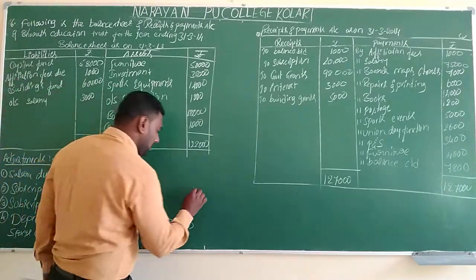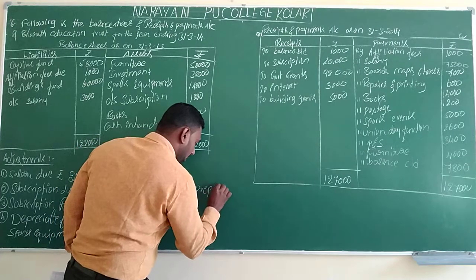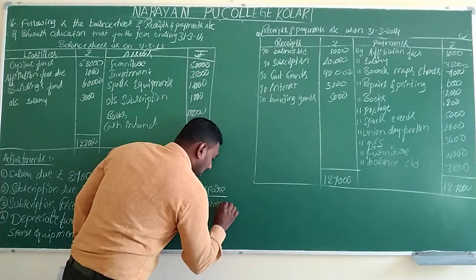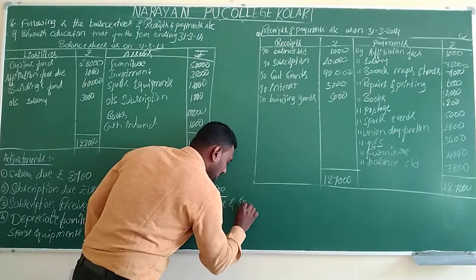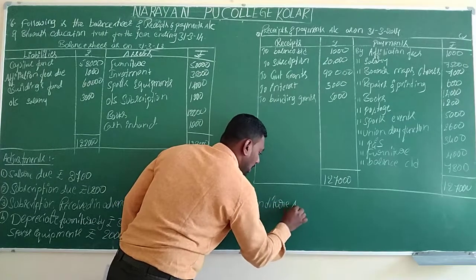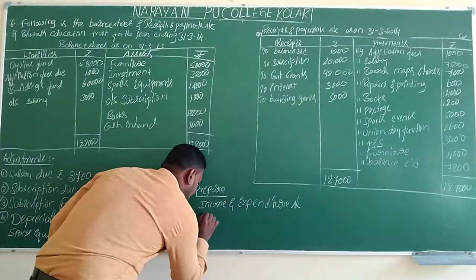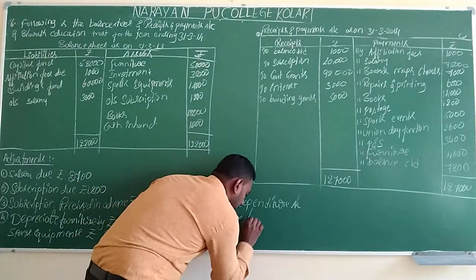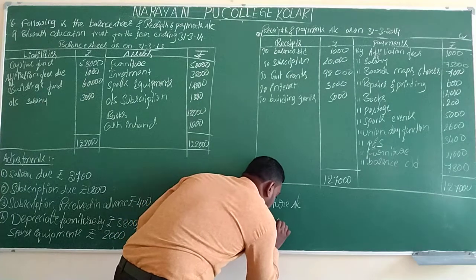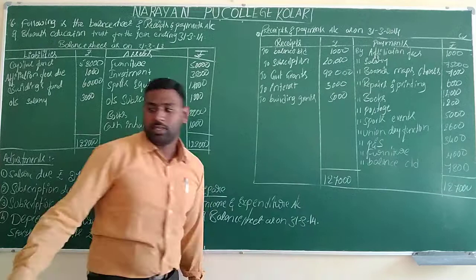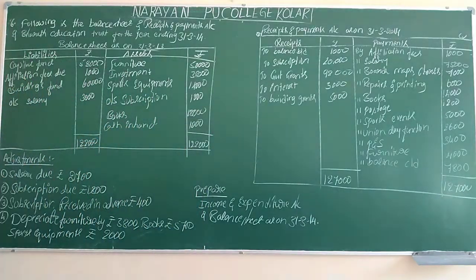For this, prepare income and expenditure account and balance sheet as on 31st March 2014. So this is the question they have given.